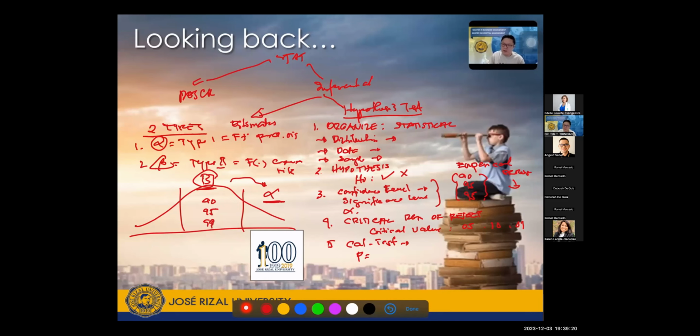Ultimately, it's all about the P-value of the sample. Of the sample or the calculated value. Okay, so your p-value and calculated value of your test, you will use this to compare with the p-value of your population or your null. Then eventually you can make a decision.